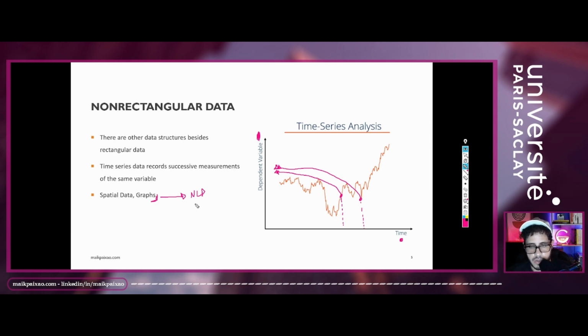I'll explain it later; it's not part of this course. Just keep in mind that rectangular data is the most common type of data used by data scientists, and non-rectangular data is also used, but in very specific cases.